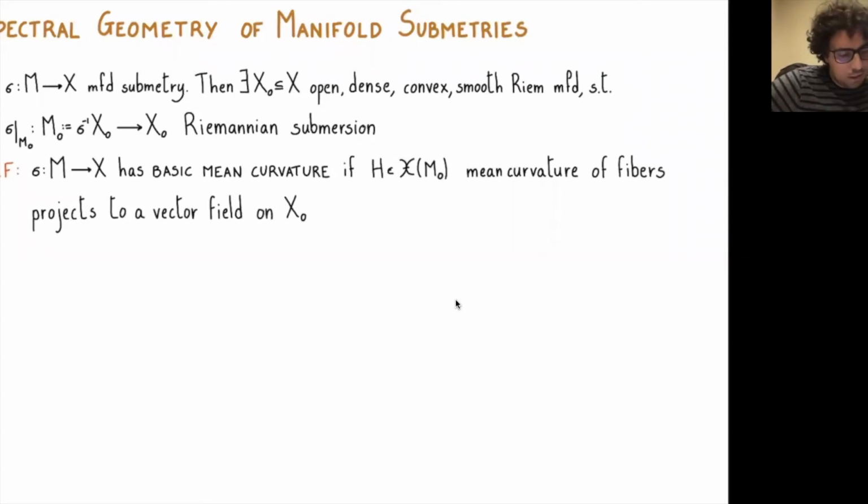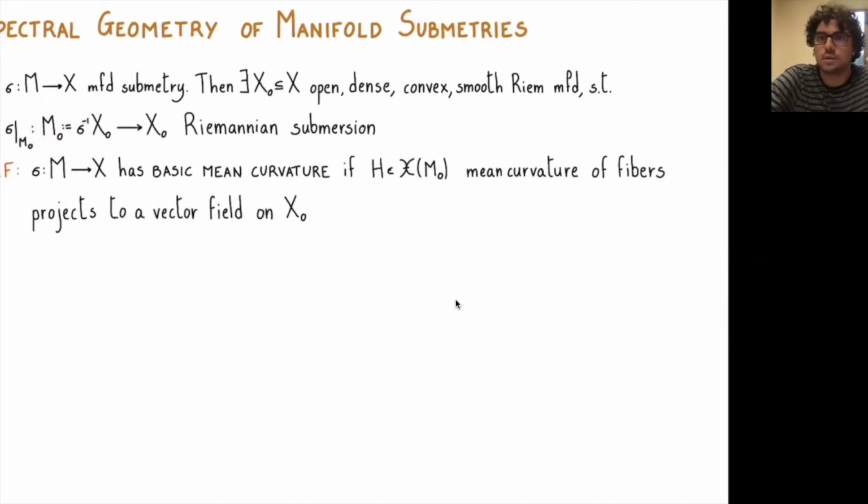We say that this manifold submetry has basic mean curvature if the mean curvature of the fibers satisfies the following. Remember, through each point you have a unique fiber, so you can associate to each point in this regular part a vector, the mean curvature vector of the corresponding fiber.